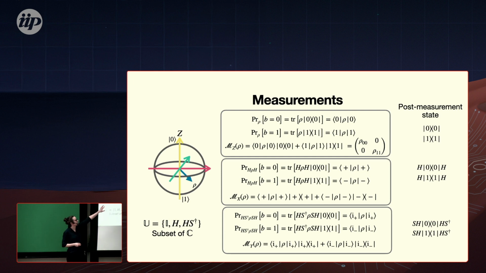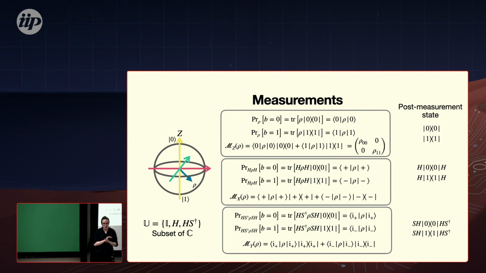Here we can see that it takes in a quantum state, rho 0,0, rho 0,1, rho 1,0, rho 1,1. And then it spits out a quantum state where it erased all the information about the phases that are stored in the off-diagonal terms. In more physical terms, this is a total decoherence channel.